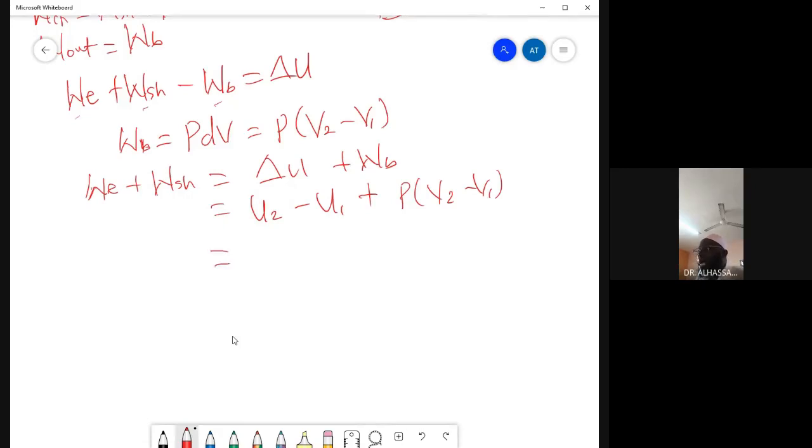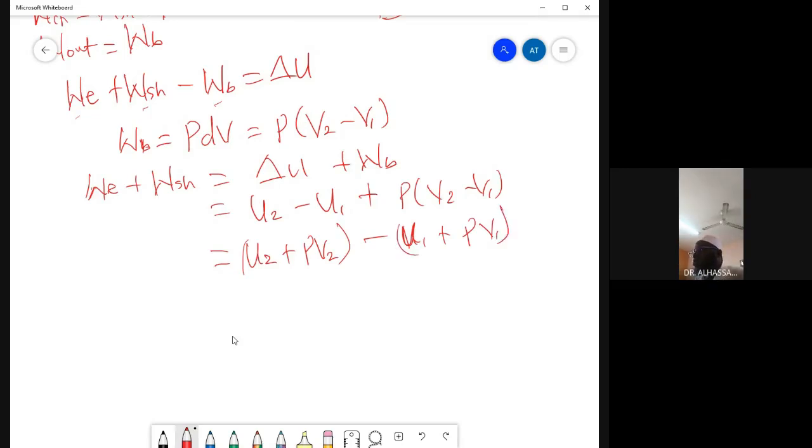So I'll combine U2 plus PV2 like this. I multiply this by that and then add to this. So that gives me one bracket, minus another bracket, U1 plus PV1.